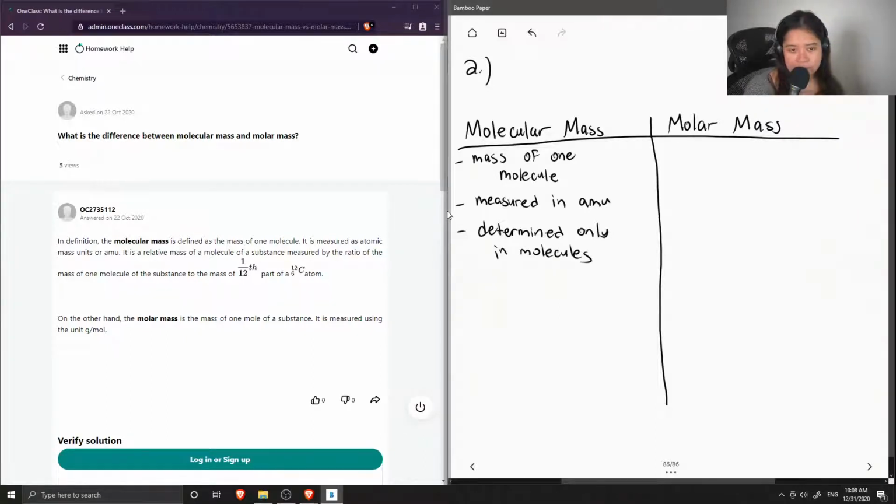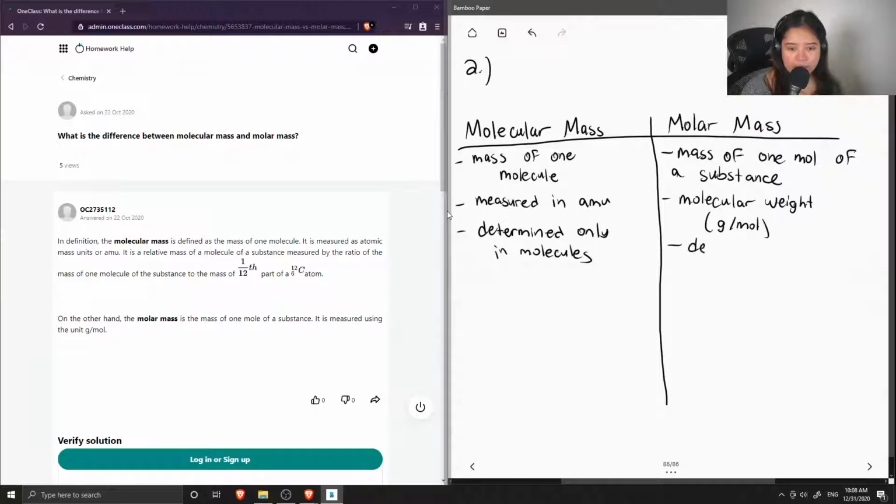If we compare this with a molar mass, this is the mass of 1 mole of a substance. It is also known as molecular weight, which is in grams per mole.